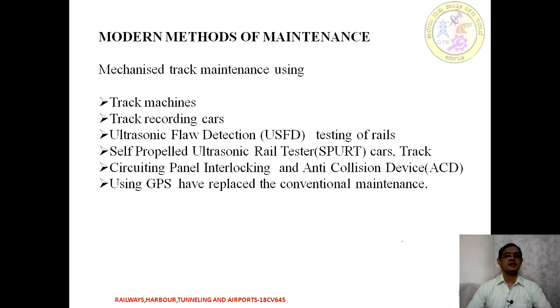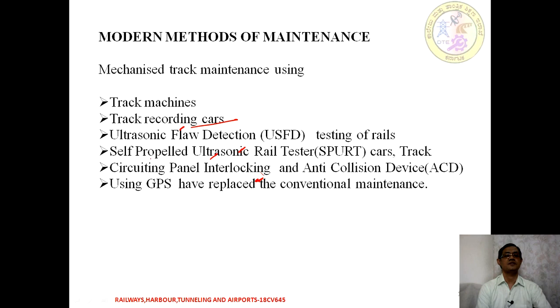Next, as we know, some more methods are being adopted with respect to the maintenance part, which is called mechanized track maintenance. This mechanized track maintenance uses some track machines. So next is going to be the track recording cars.